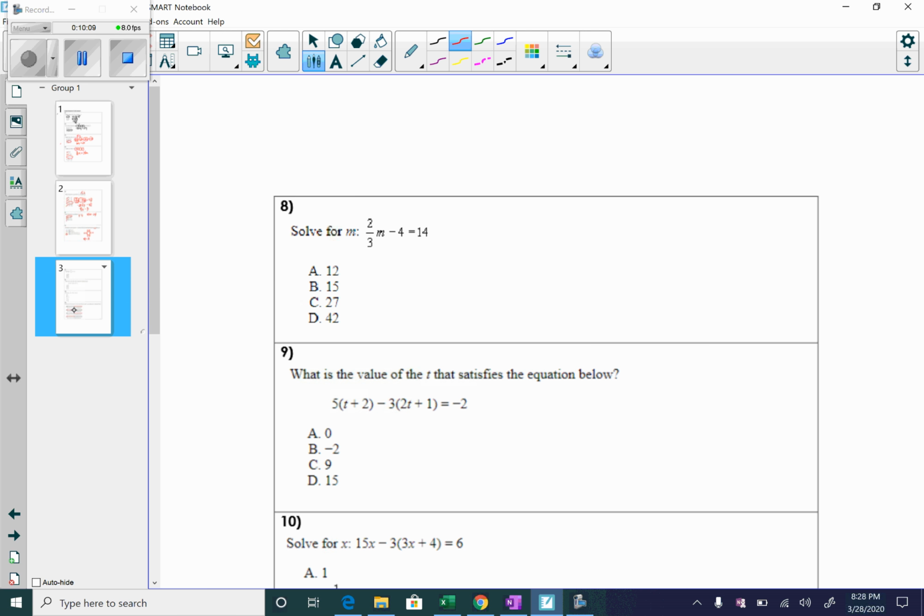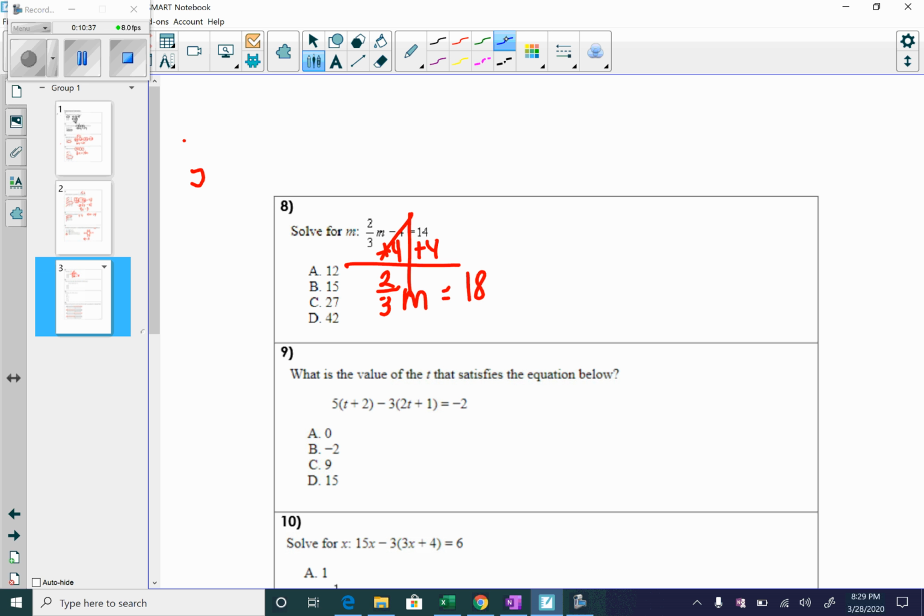Okay, moving on to the last page. This is a one-step equation, so this one is not too terrible. So we're going to solve for m. So remember, we're going to cancel out subtracting 4 by adding 4. We're always going to cancel out the constant first. So now I have 2/3 m equals 18. I have two choices here to cancel out the 2/3.